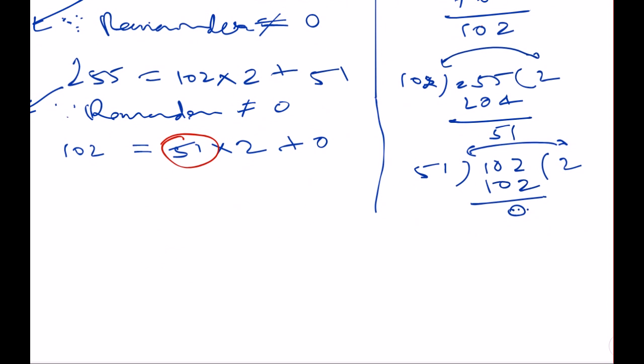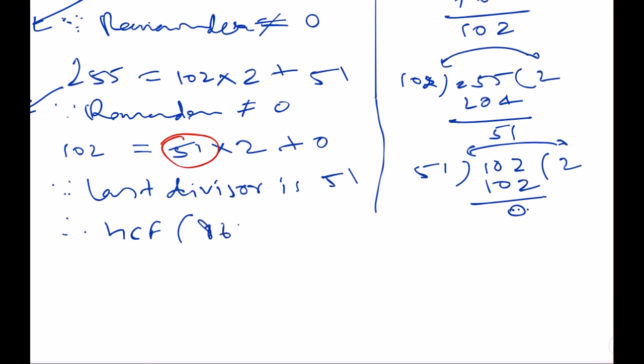Since last divisor is 51, therefore HCF of 867 and 255 is how much? 51. This is the answer.